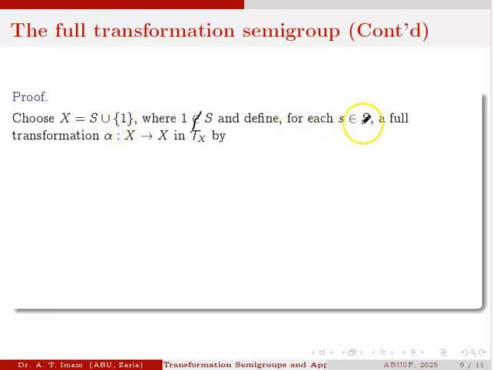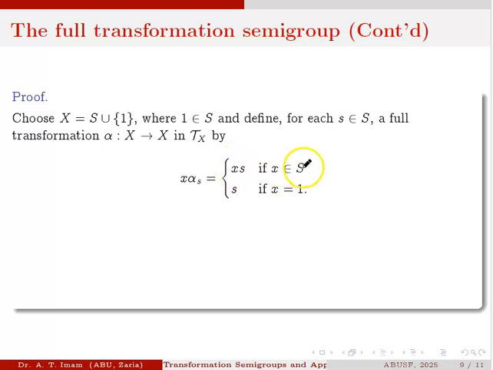And then we define for each element s a full transformation, alpha_s. So we define a full transformation alpha_s from X to X in the following way. x alpha_s should be xs. Because we chose our set to be the semigroup, this is the semigroup multiplication here.